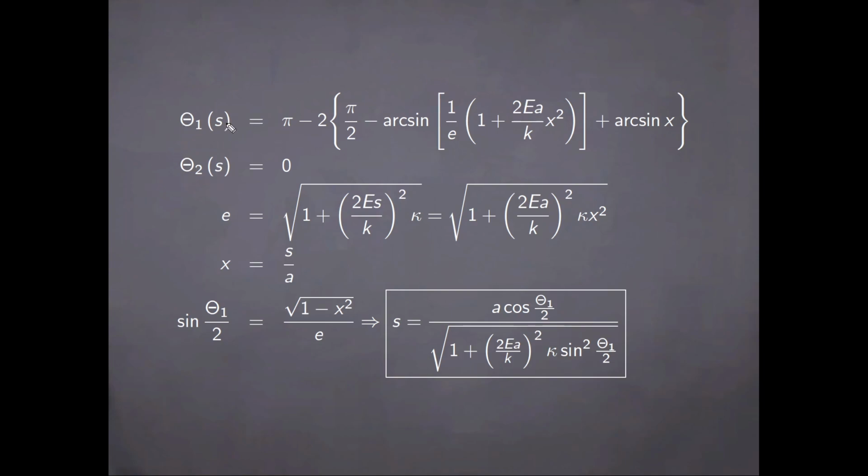So from this expression, the sine of theta 1 divided by 2 can be written immediately as this ratio, and from this we can solve for the impact parameter in order to find its dependence on the scattering angle.